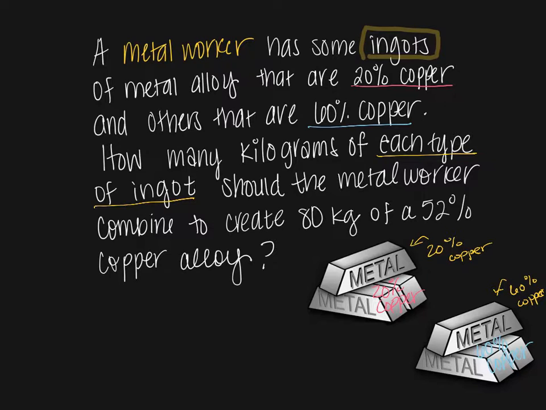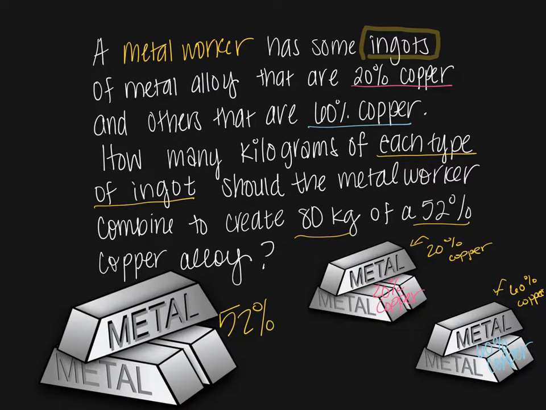I'm going to end up wanting to mix them up to create 80 kilograms of a 52% copper alloy. So ultimately, these 20% to these 60%, and I want to add a certain amount so that what I end up with is these guys over here that have 52% of copper in them.